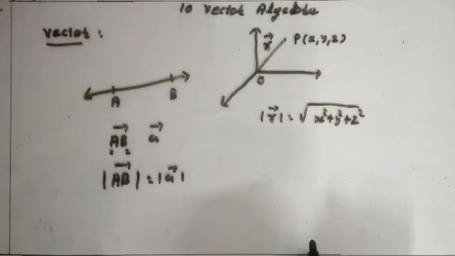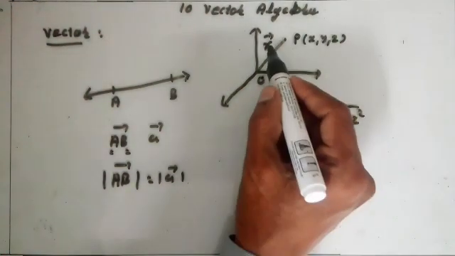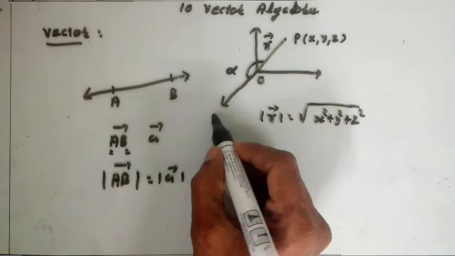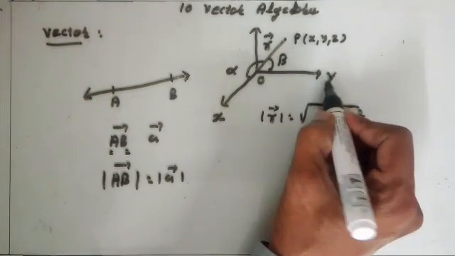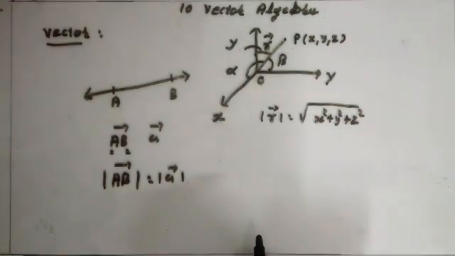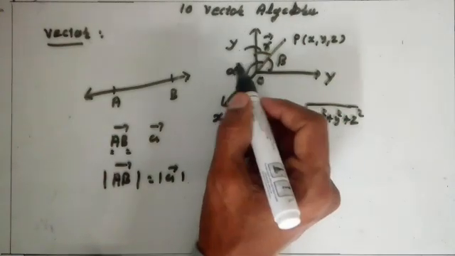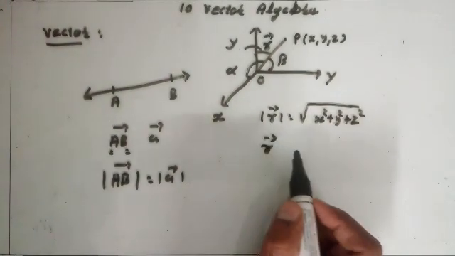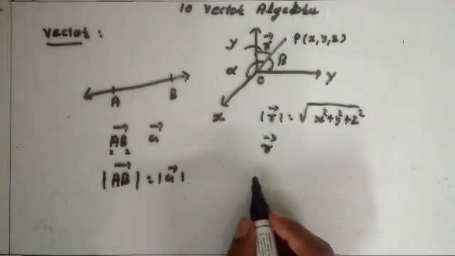Now direction cosine of a vector R. If vector R makes an angle alpha with the positive direction of x-axis, beta with the positive direction of y-axis, and gamma with the positive direction of z-axis, then alpha, beta, gamma are called direction angles of the given vector R, and cosine of alpha, beta, gamma are called direction cosines.